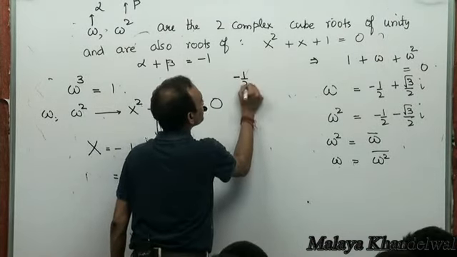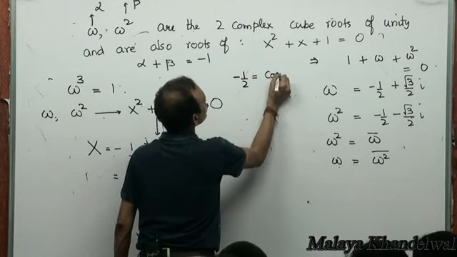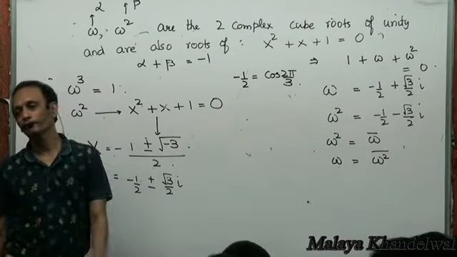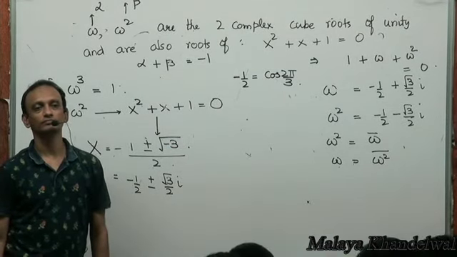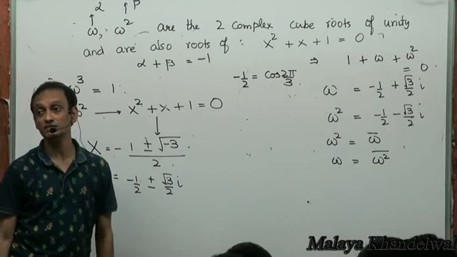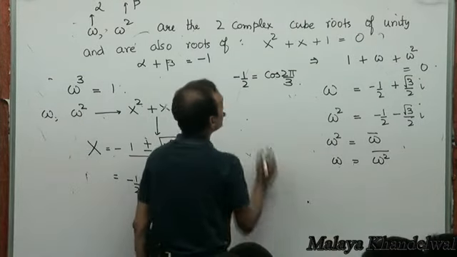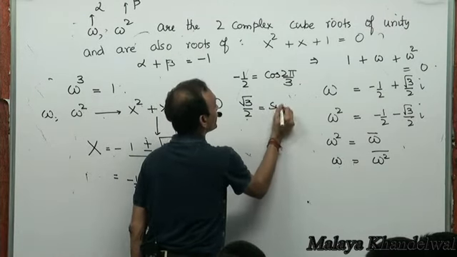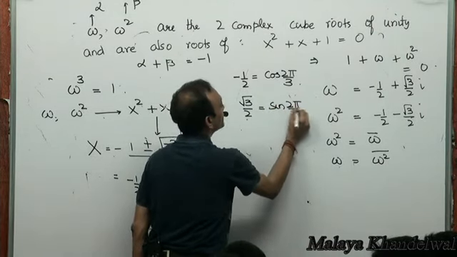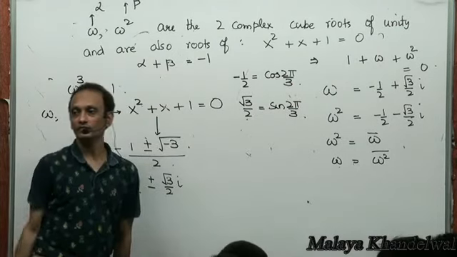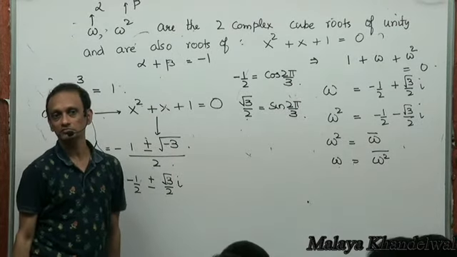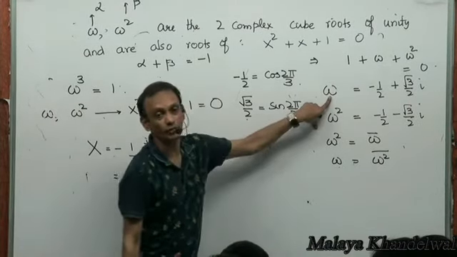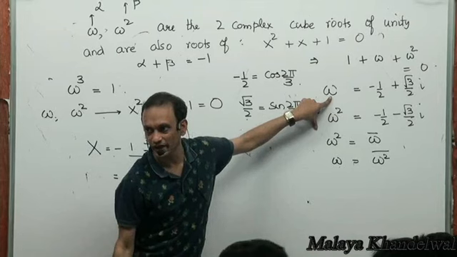Now, minus half is cos 2 pi by 3. Yes or no? Cos 120 degrees. And root 3 by 2 is one of the values, one way it could be written as sine 2 pi by 3. Yes or no? Right? So now, let me look at omega, one of the complex cube roots of unity.